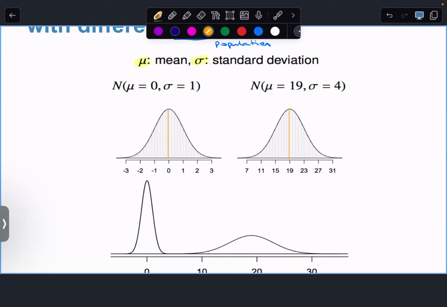Now, the spread of 1, so the standard deviation of 1 in the first one versus the standard deviation of 4 on the second distribution, those look the same, right?